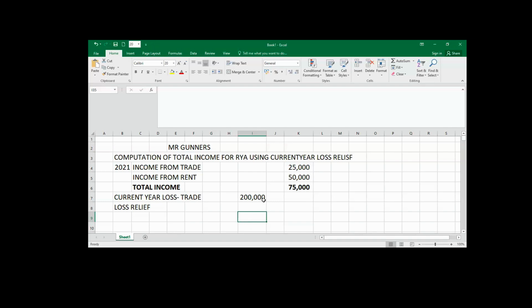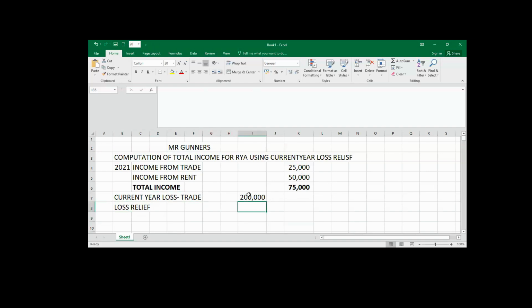So that means in this first year now, how much is this man's total income in 2021 year of assessment? 75,000. So he has a right to relieve all this loss.